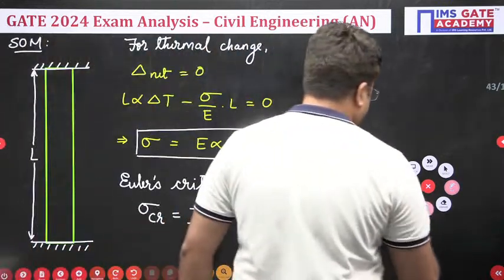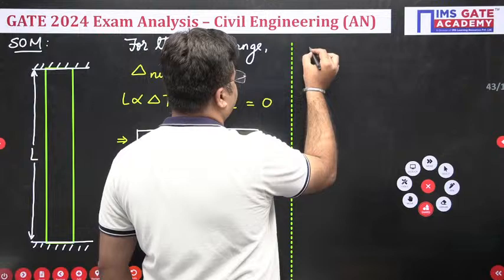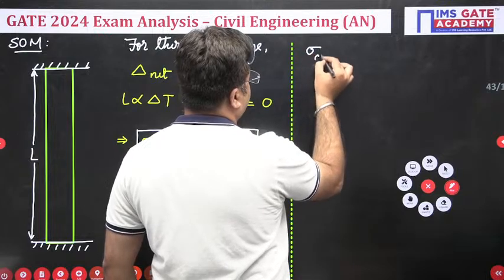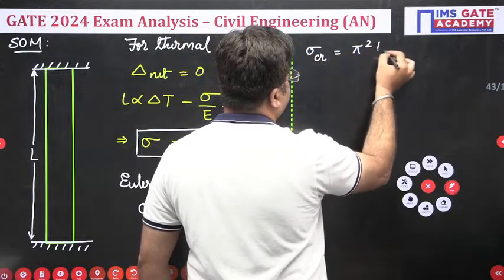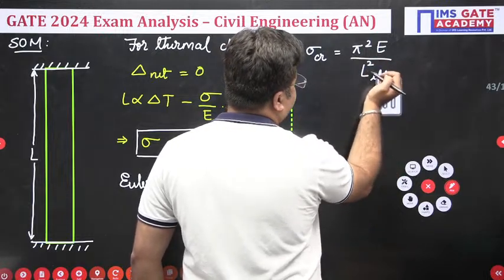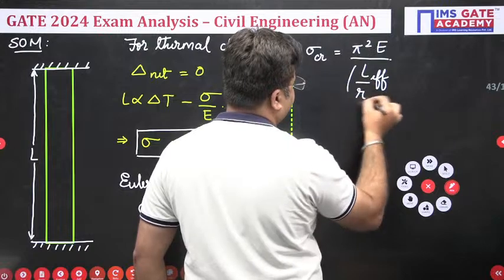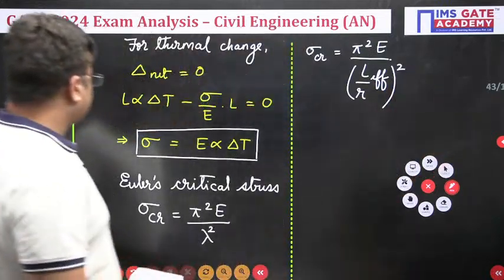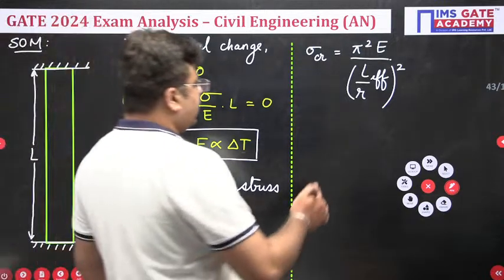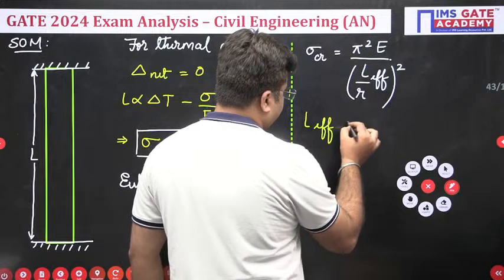Now this can be written as sigma CR equal to pi square E divided by L effective by r the whole square, L effective by radius of gyration the whole square. Now for this column, since it is fixed at both the ends, the effective length will be equal to L by 2. So L effective for this column is L by 2.